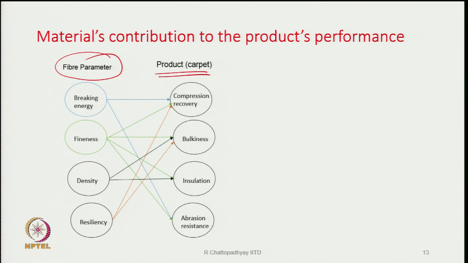For a carpet, the important properties are compression recovery, bulkiness, insulation, abrasion resistance. I have just given 1, 2, 3, 4 properties. Now, these properties of the product are related to what properties of the fiber?